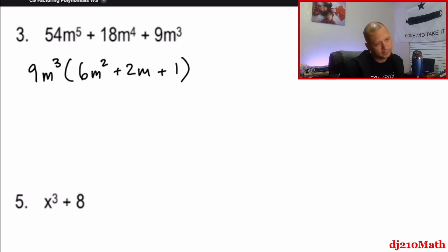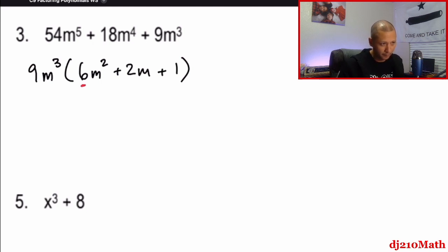Okay. We got to factor the quadratic. So here, the a term is not 1. Right? There is a particular method. We can either do slide and divide or factor by grouping.